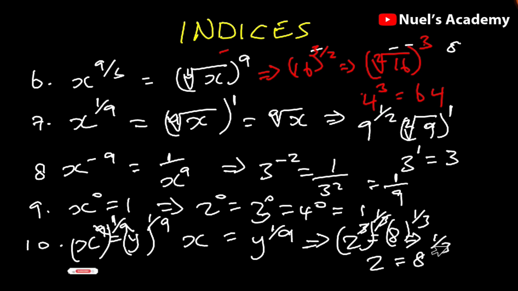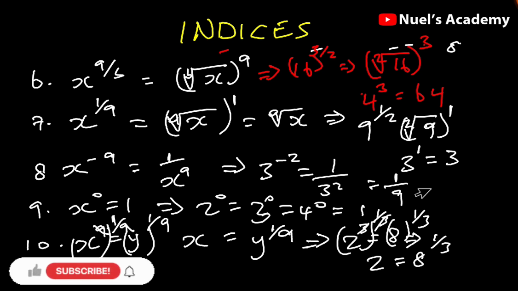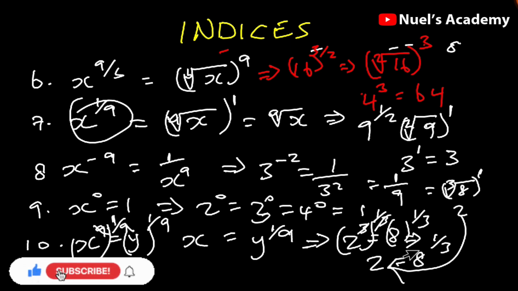So 8 raised to the power 1 over 3 is also the same as taking the cube root of 8 and raising all of it to the power of 1, exactly what we discussed here. So the cube root of 8 is equal to 2, which is still the same as what is here.